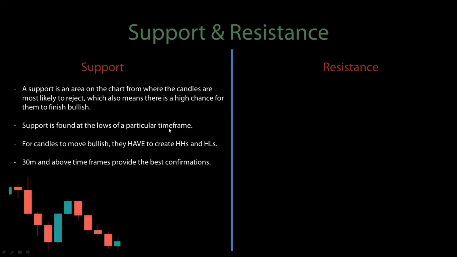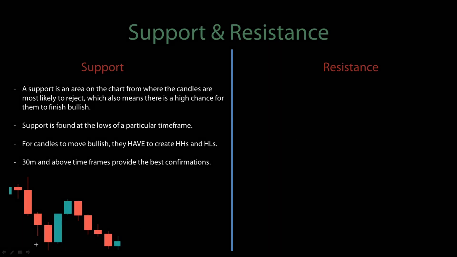In the same way, when we're looking at this example right over here, we have a support, right? So let's say we have a support down over here, and let's say this is the 1 hour time frame. We're looking at the 1 hour time frame, and we see that the 1 hour candle at the bottom, right over here, has closed bullish, right?